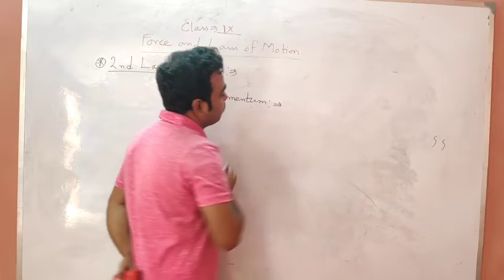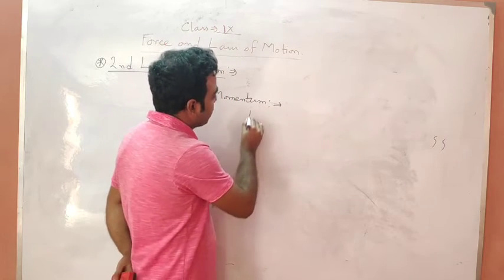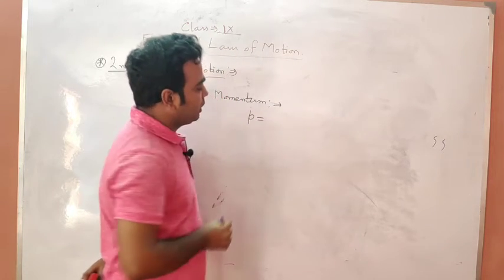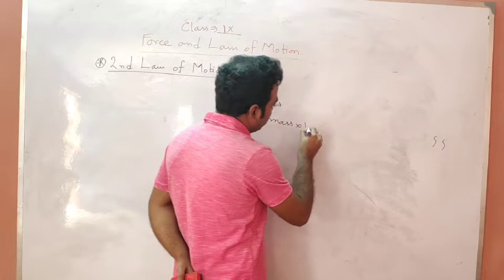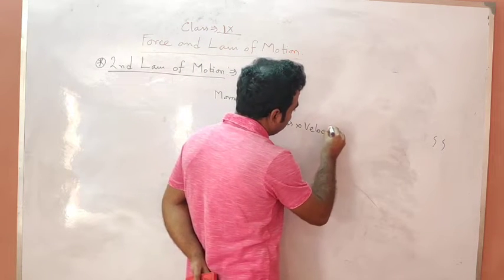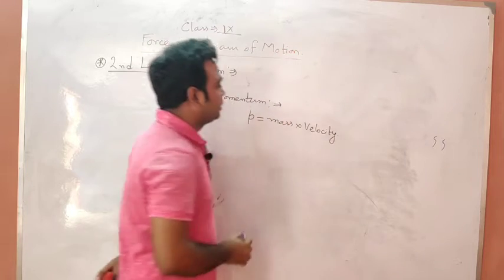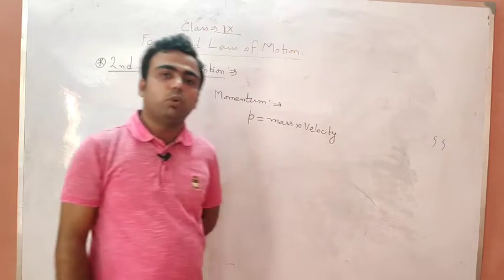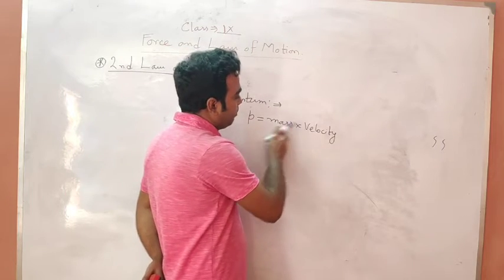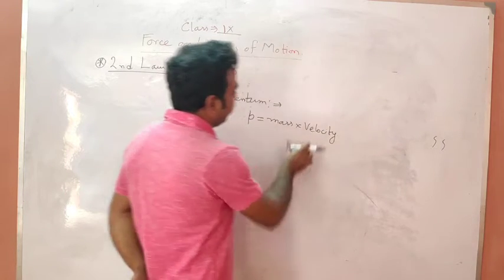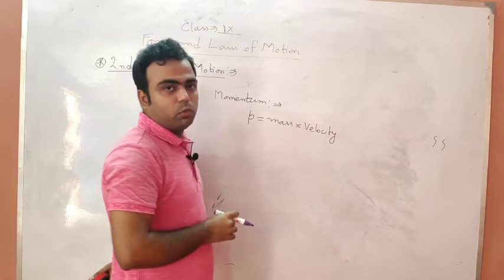What is momentum? Momentum is denoted by small p. P is mass into velocity. Since mass and velocity both are important for motion, we multiply mass and velocity and name that product as momentum.